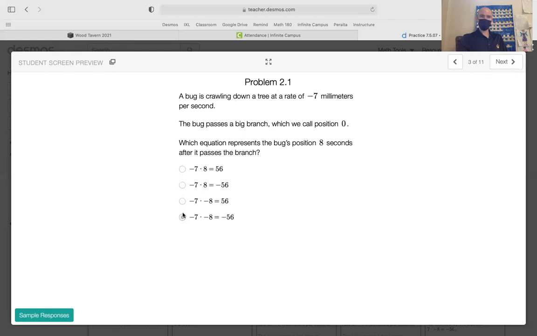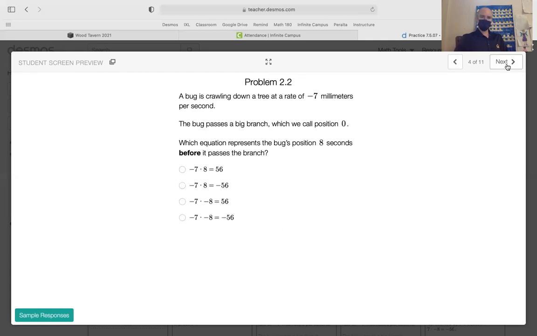And the last two, both the rate and the time are negative, but I don't think we should have negative time in this one. It doesn't say anything about like 8 seconds ago, like it would say in that turtle activity. So I think this answer here with negative 7 for the downward rate times 8 seconds for 8 seconds in the future would get us negative 56, or down 56 on the tree.